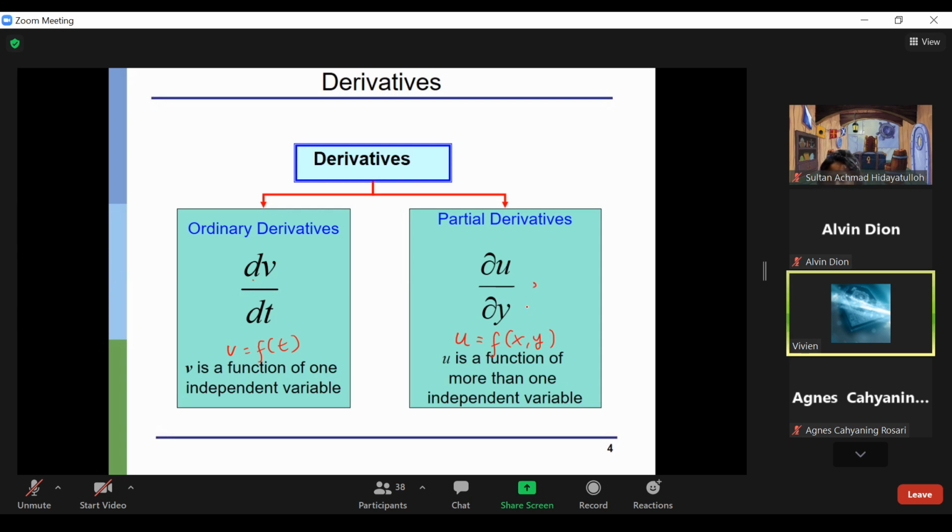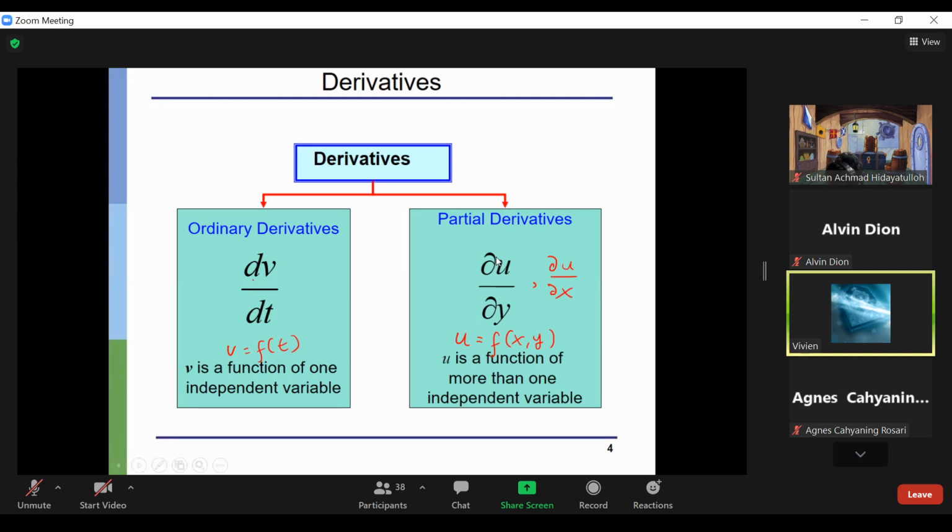We need another derivative, which is del u over del x. So why is a different symbol used? Because this shows that this is not a complete derivative for the function. We have other derivatives in other directions, other independent variables. So this is called the partial derivative.